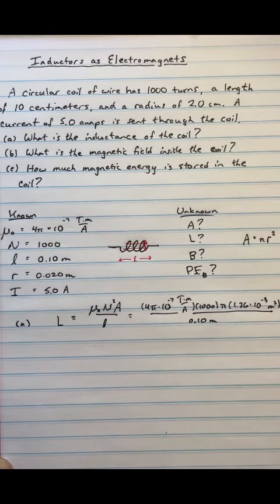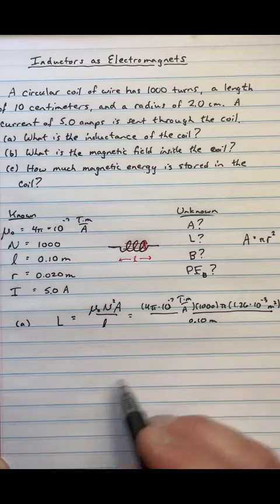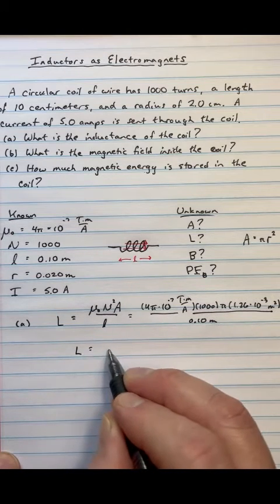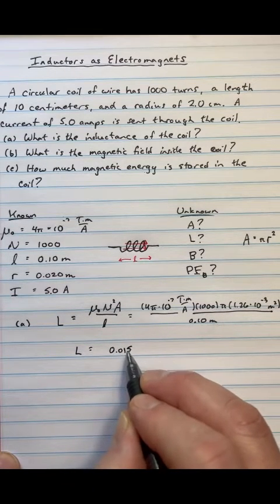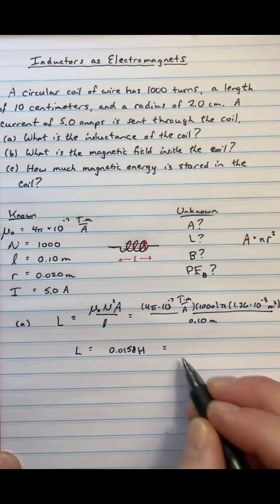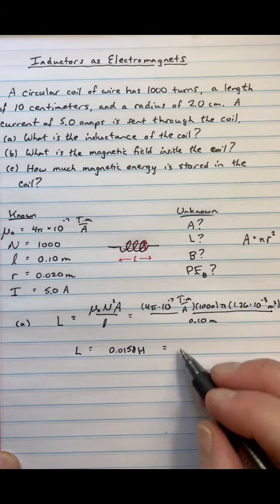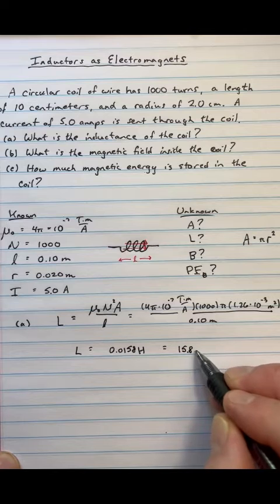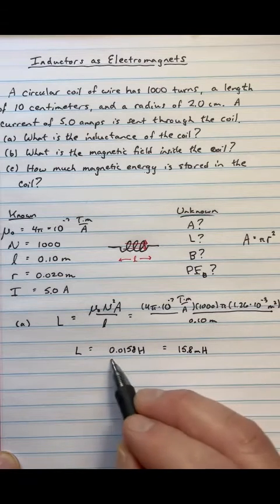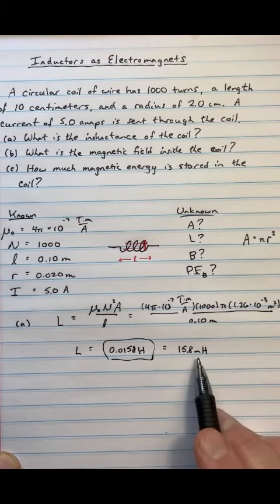So grind these numbers out, and the inductance is 0.0158 henries, or you'll sometimes see people record this in millihenries, and that would be 15.8 millihenries. We'll stick with this number today, but you can sometimes see it that way.